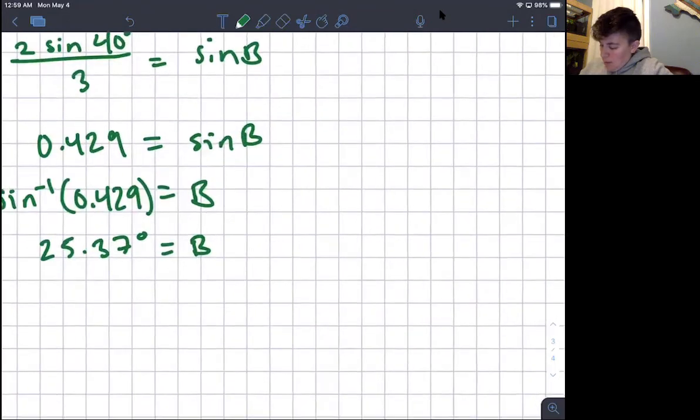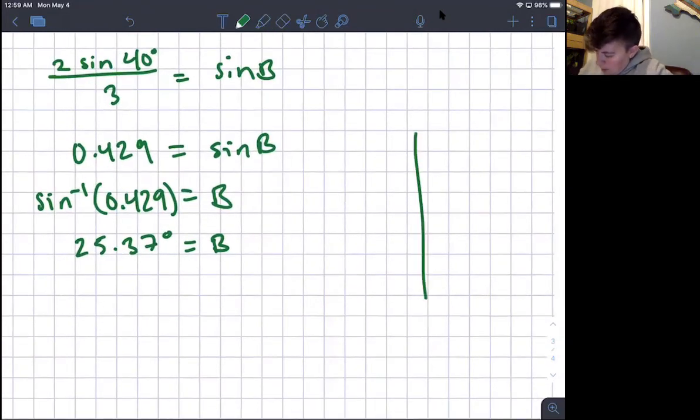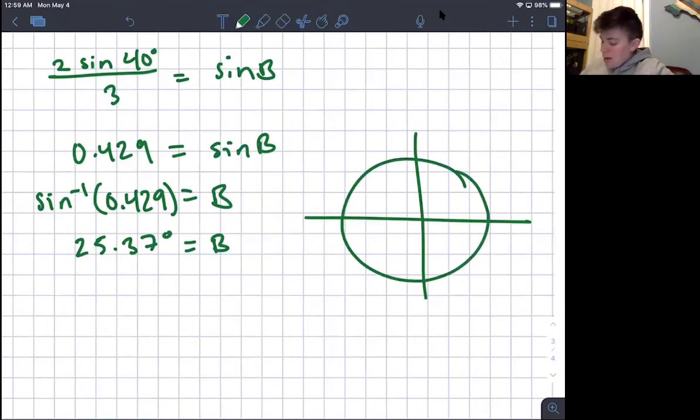Okay, pause. Let's think about what we just got. If we think about the unit circle, right? We just took the inverse sine. Sine is the y value. So the angle that I got was 25.37 degrees.